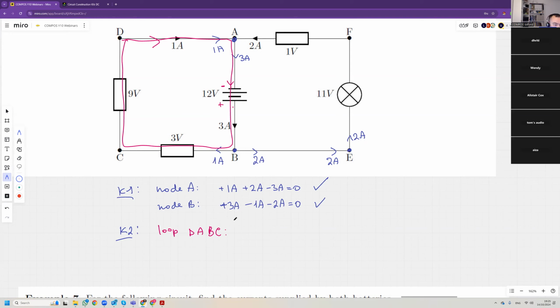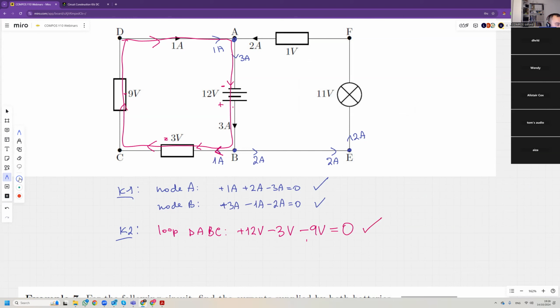So you go plus 12 volts in the battery. Then you encounter the resistor. The current is in this way. That means that the potential drops. You're losing energy as you go through the resistor. You're not going against the flow, you're going with the flow, so you're losing energy. So minus 3 volts in the resistor. And then you have another resistor, you once again lose minus 9. Plus 12, minus 3, minus 9, that makes 0. So that checks out.